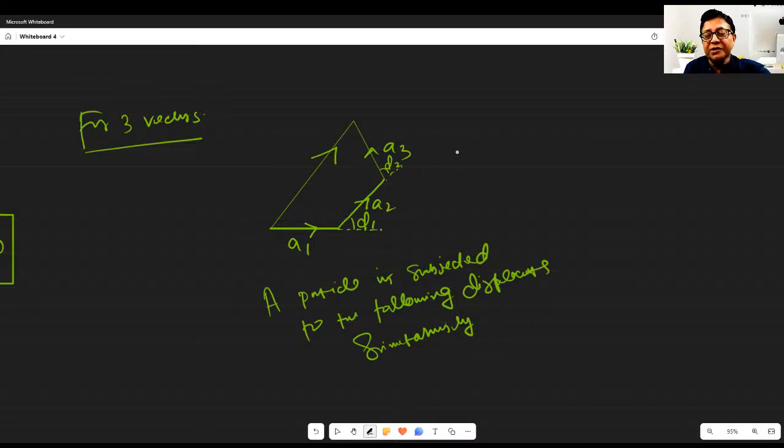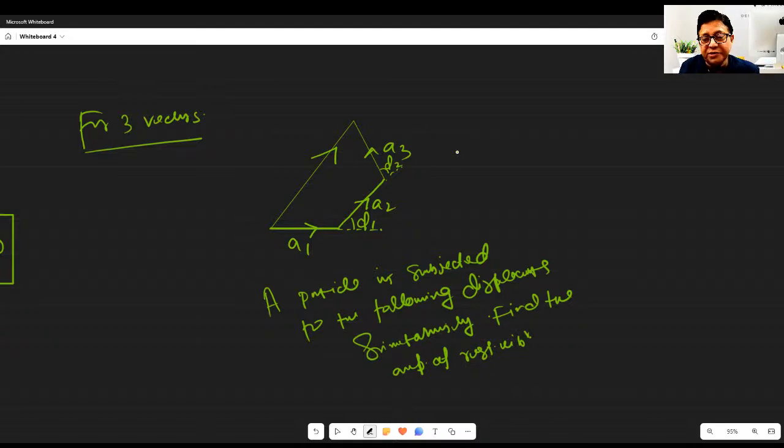Find the amplitude of resultant vibration. Which three waves?